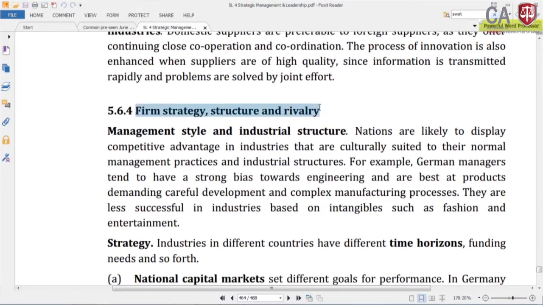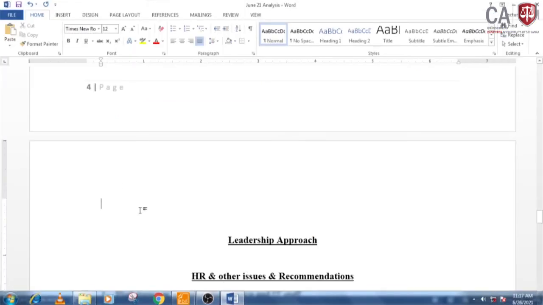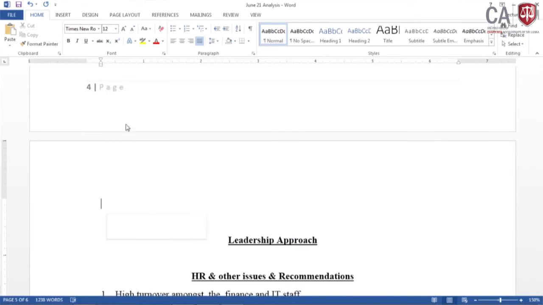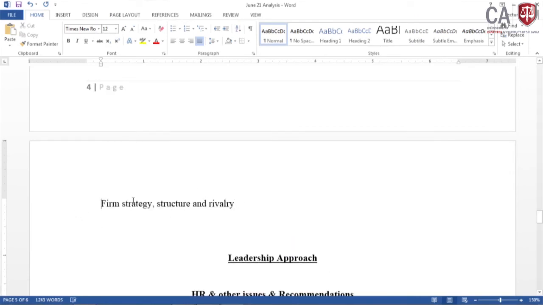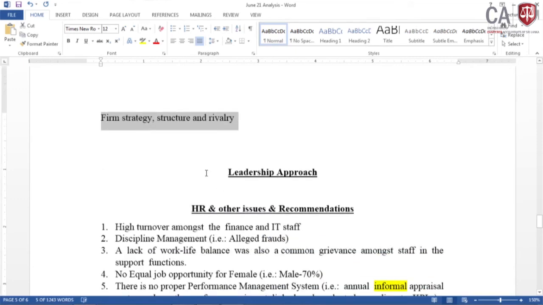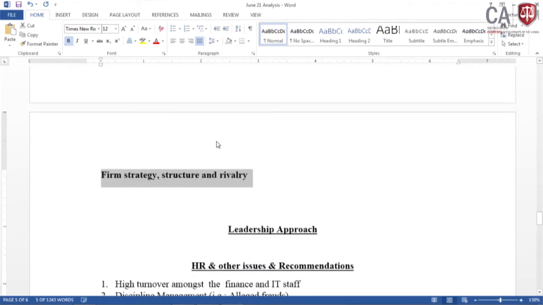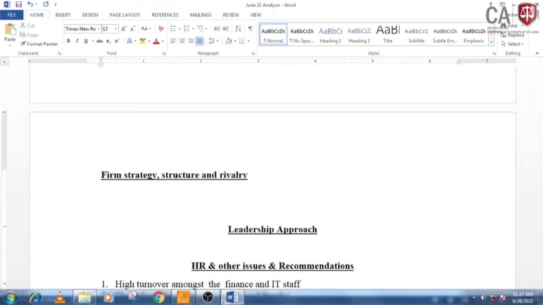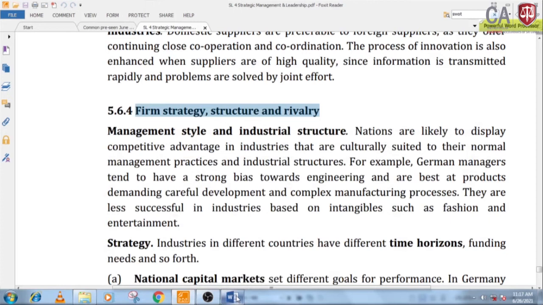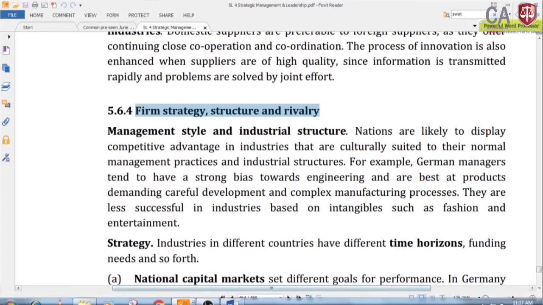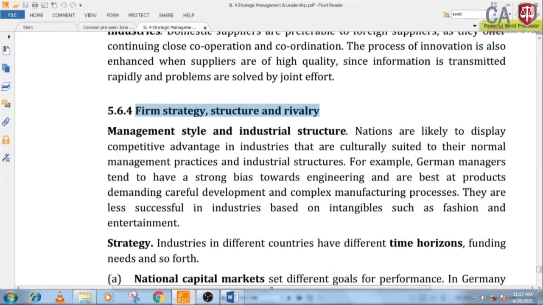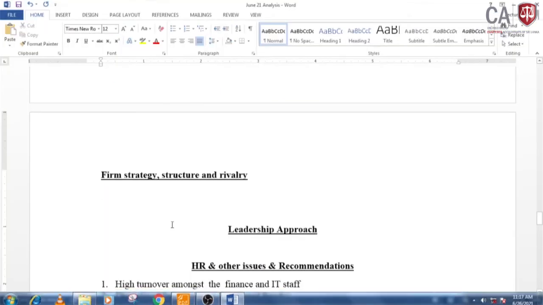Firm strategy and structure and rivalry. What are the strategy here actually? So what will be the ideal strategy?